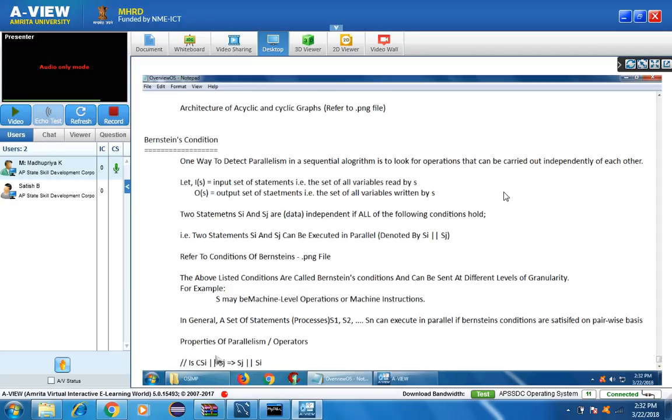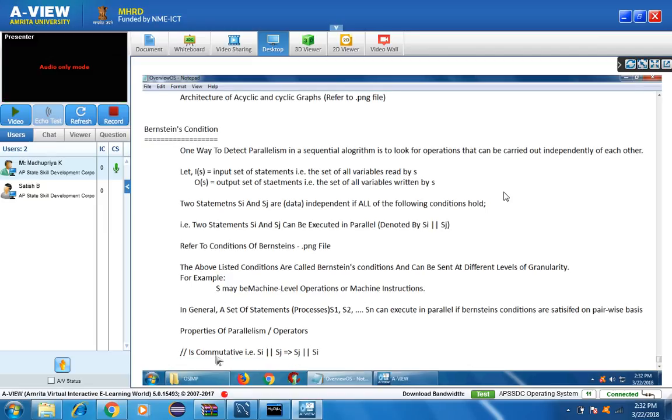This is the commutative property. This is one parallelism property. Whereas, if it is not transitive, then Si parallelly executes Sj, and Sj parallelly executes Sk, does not imply what? What it does not imply if it is not transitive.